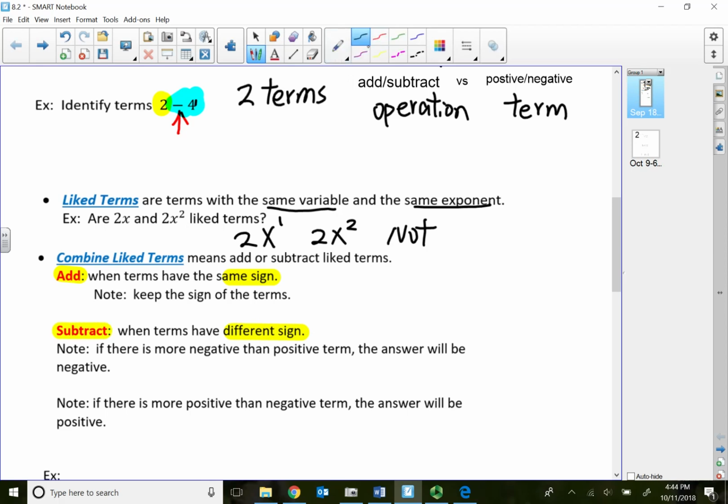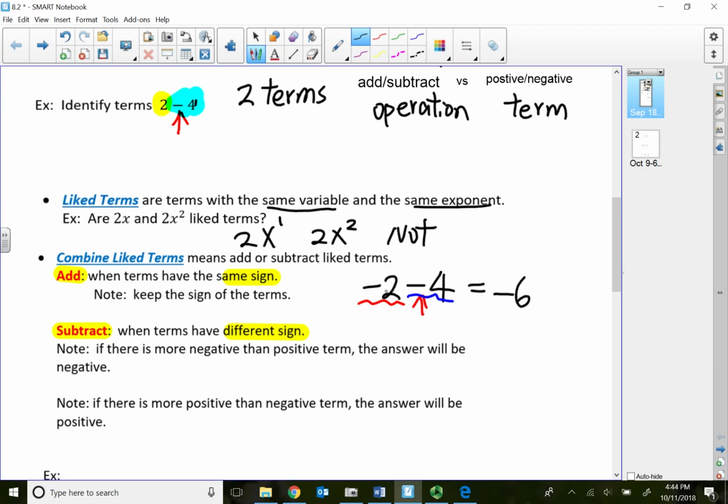So for example, if I have negative 2 minus 4, the subtraction sign outside the parentheses tells me in front of it, negative 2 is a term. Behind it, negative 4 is my second term. Since these two terms have the same sign, mentally we will add them to say 6. Because both terms are negative, my answer will be negative 6. We've got to keep the sign of the terms.